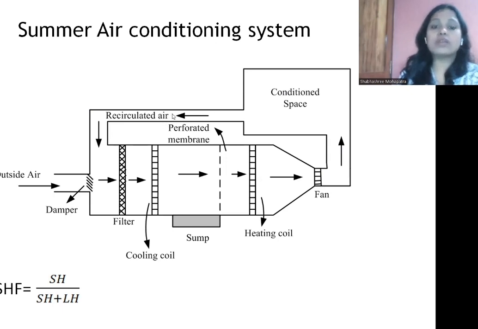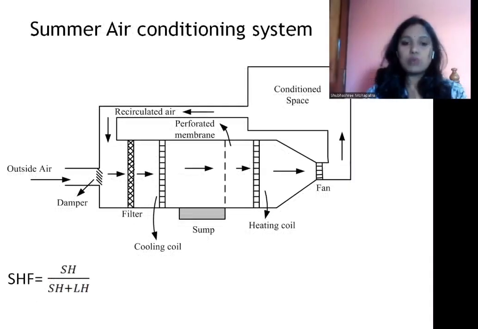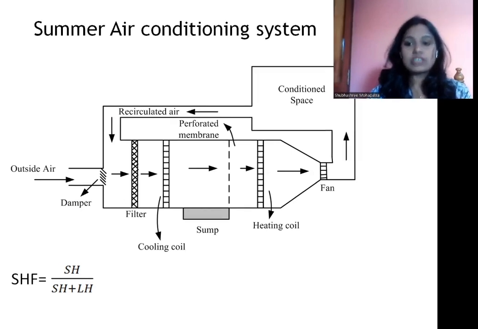Also, the CO2 amount will increase, so for that we are adding some portion of the outside air here. This is not the only reason. If we keep recirculating this air again and again, there will be staleness in the conditioned space. So for freshening up the conditioned space, we are adding the outside air here.